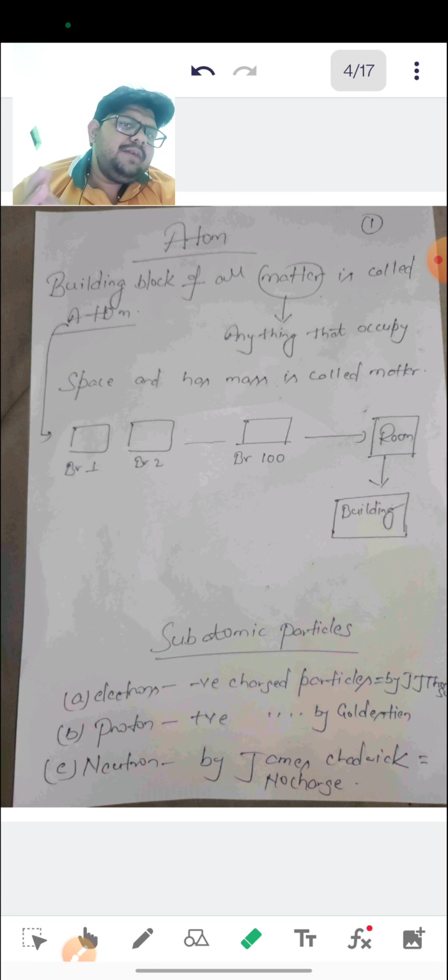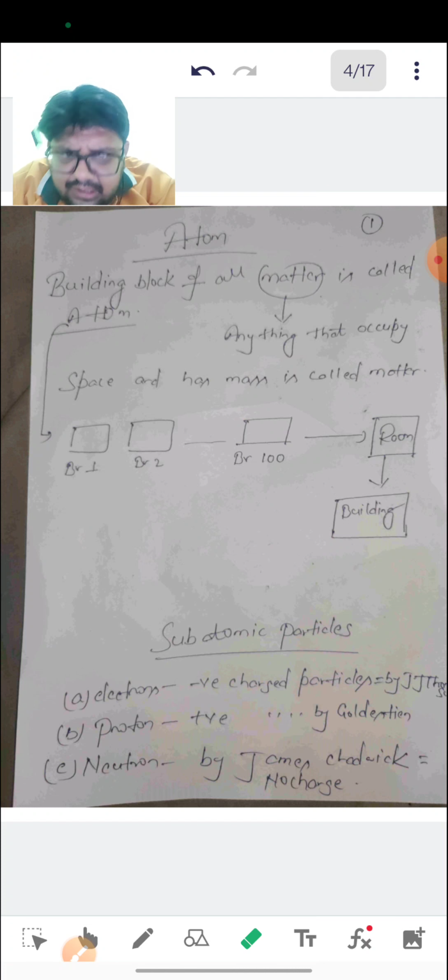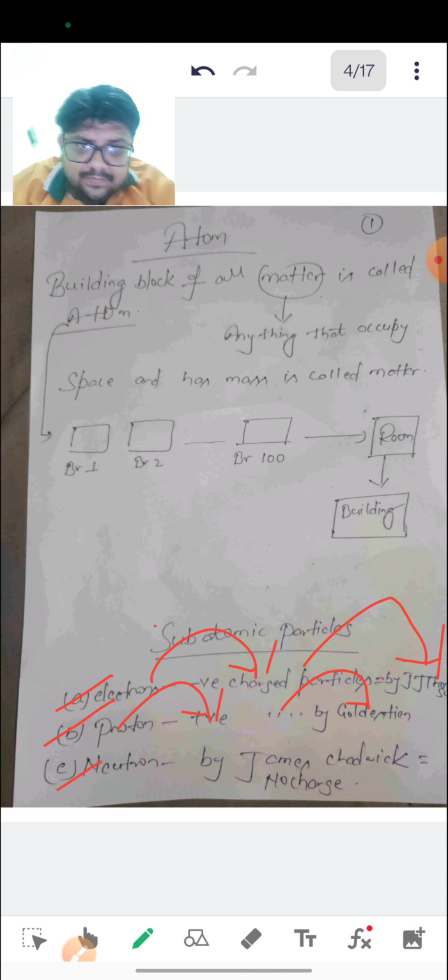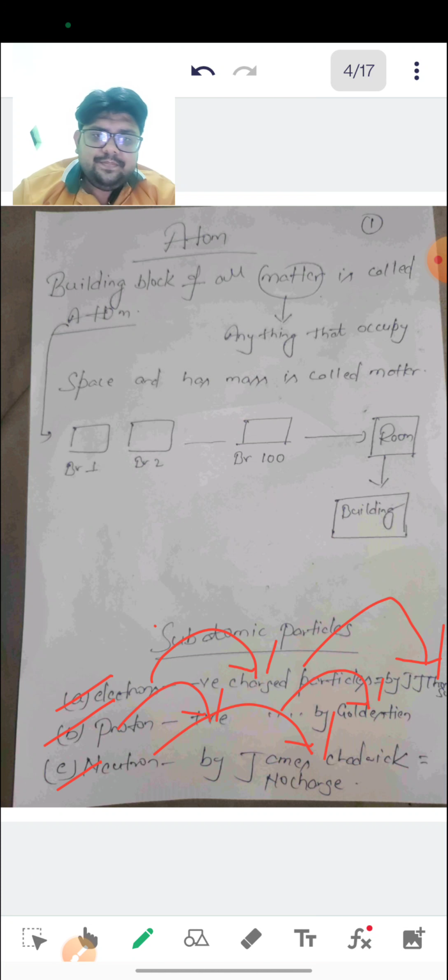There are three types of subatomic particles: the first is the electron, the second is the proton, and the third is the neutron. The electron is a negatively charged particle discovered by J.J. Thomson. The proton is a positively charged particle discovered by Goldstein. The neutron has no charge, and it was discovered by James Chadwick.